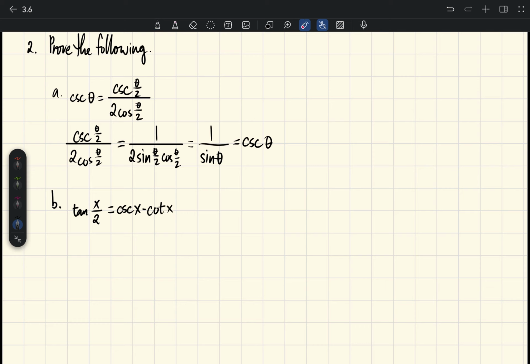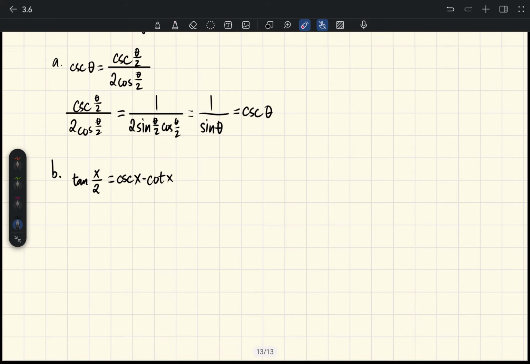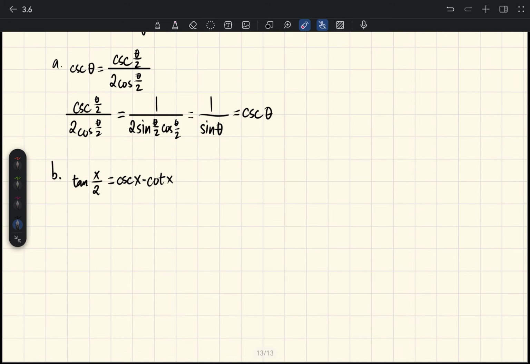Okay? As you can see, this one is quite simple. You only have a cosecant and a cotangent. And this one right here is also quite simple. You only have tangent of x over 2. So for this one, we can start with this one and show this one, or start with this one and show this one.